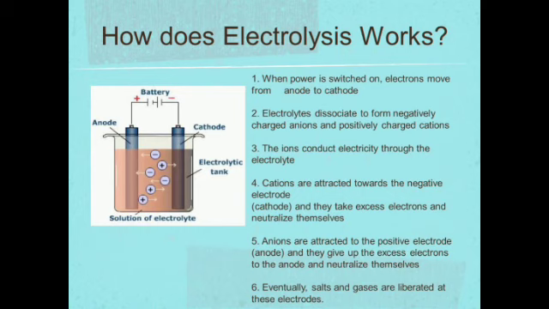And so when the Cu2+ at the cathode and the OH at the anode have been discharged, the solution becomes acidic. You understand that? Due to the H plus and SO4 2 minus which remain in the solution. So H plus and SO4 2 minus is what we call tetraoxosulfate(VI) acid.